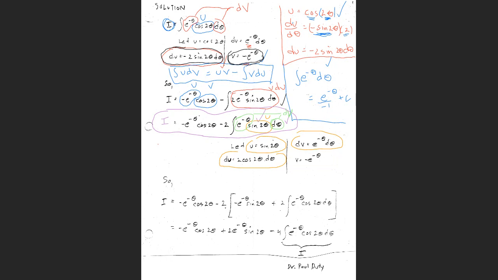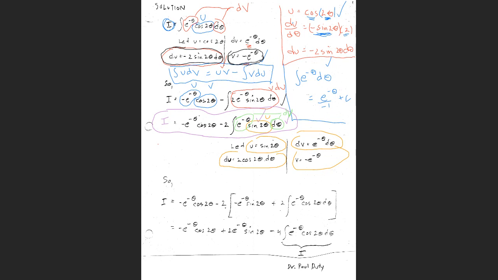So we're doing a second cycling of the integration by parts. We're doing integration by parts twice. Now you might wonder, why are we doing that, Dr. Dewey? It didn't work the first time. How's it going to help us the second time? Look what happened.